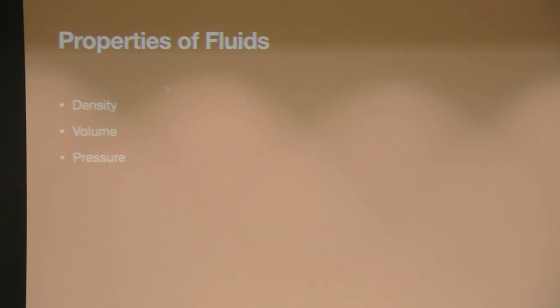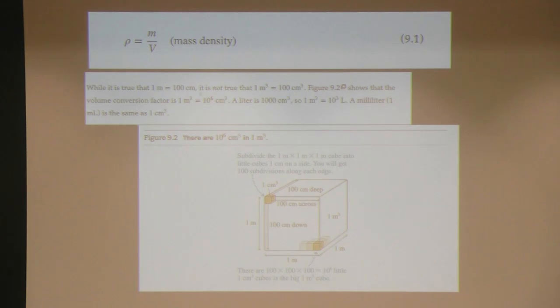I could have a density per unit area, mass per unit area, which has units of kilograms per meter squared. And most commonly, I'm going to have traditional density, mass per unit volume, which is kilograms per meter cubed. Then we have volume itself, which we're all familiar with, how much space something occupies, and pressure, which is how much force I have per area. So those three things are going to be important.